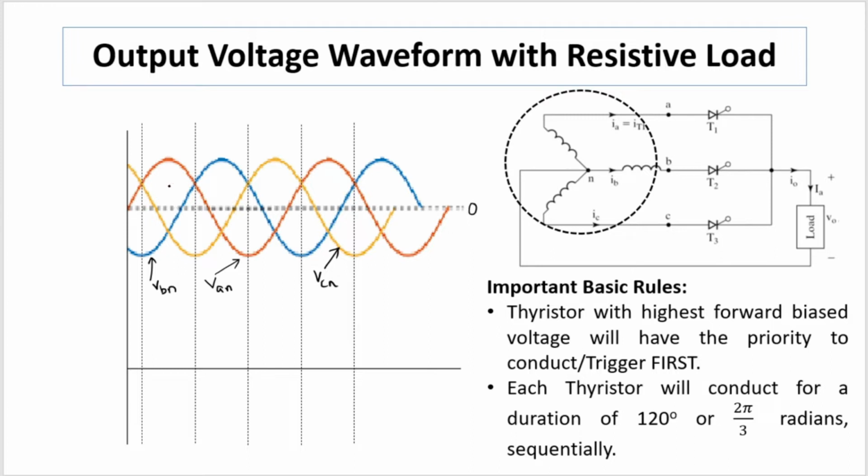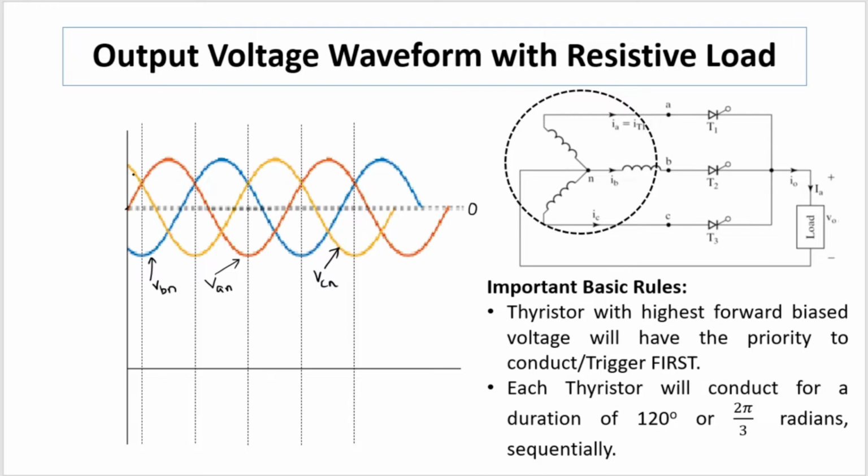Above this ground all the voltages are positive, and below this ground level all the voltages are negative. So if you find the highest forward bias voltage, from this starting point till this dotted line, the voltage of the C phase has the highest value in the positive direction, but this duration is very small.